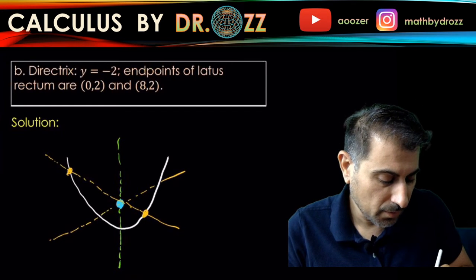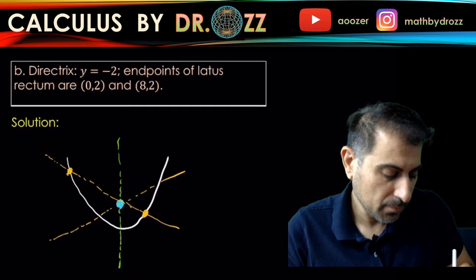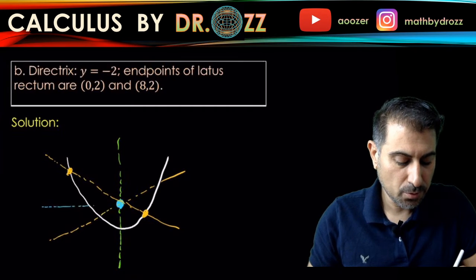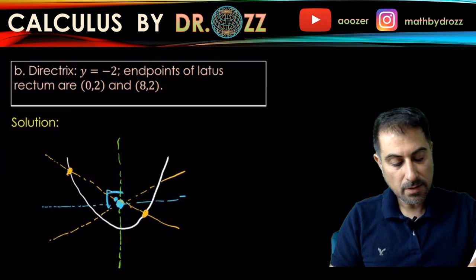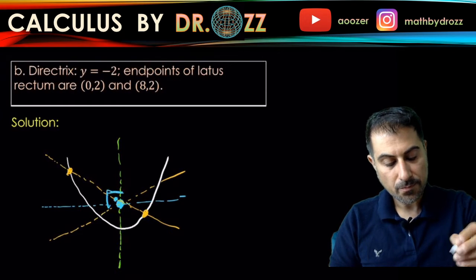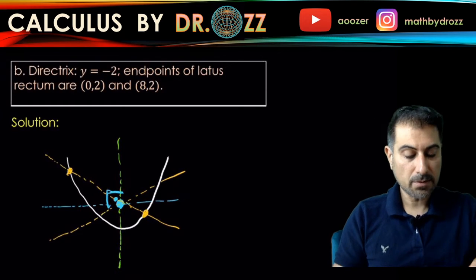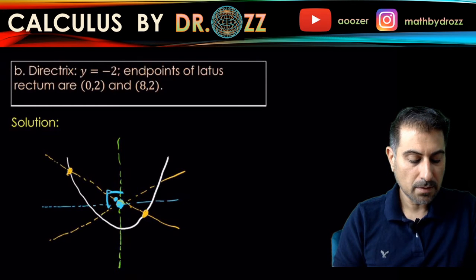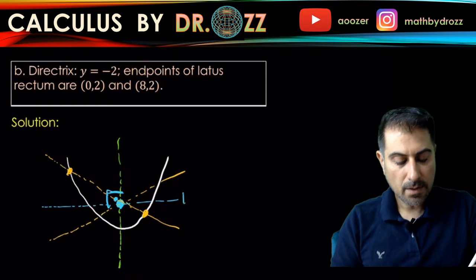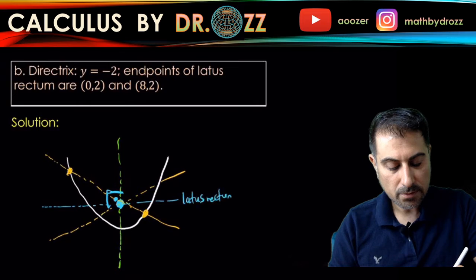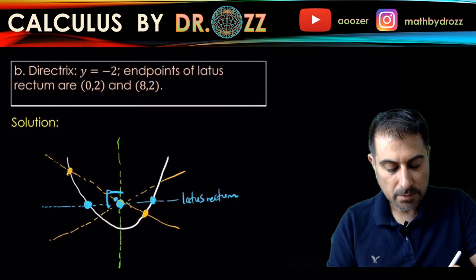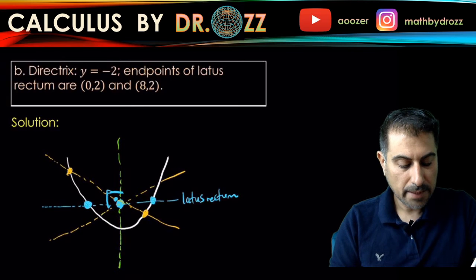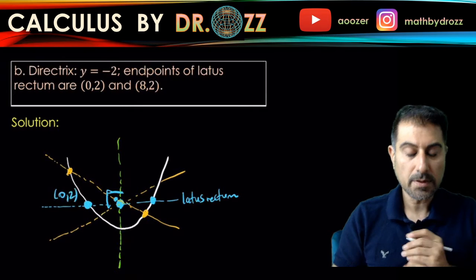So this is the one that is perpendicular to the major axis, and we're given the endpoints of the latus rectum. What are those? (0, 2) and (8, 2).